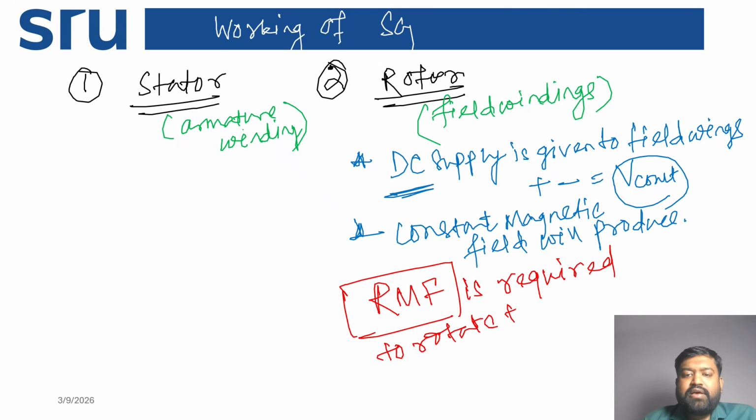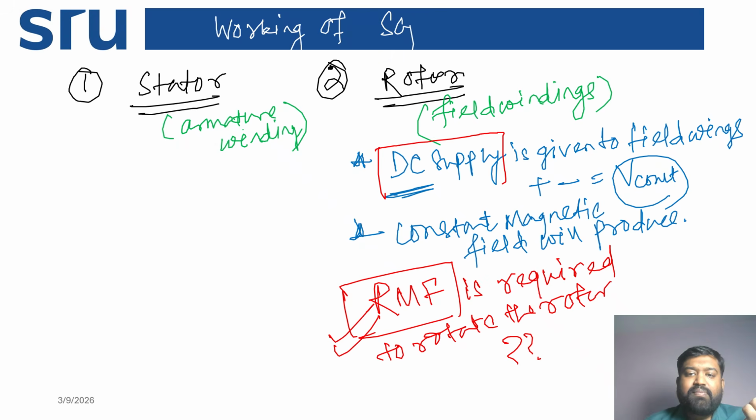RMF is required to rotate the rotor. But the question is how the RMF will be produced. In the case of an induction motor, the rotating magnetic field is produced because you are giving the three-phase supply. But here you are not giving the three-phase supply; you are giving a constant DC supply. That means a constant magnetic field is produced. Then how can you make this a rotating magnetic field?